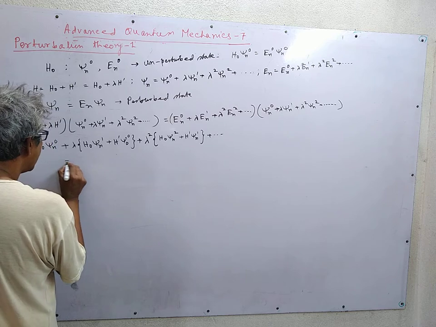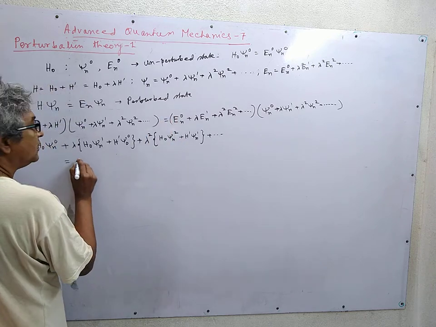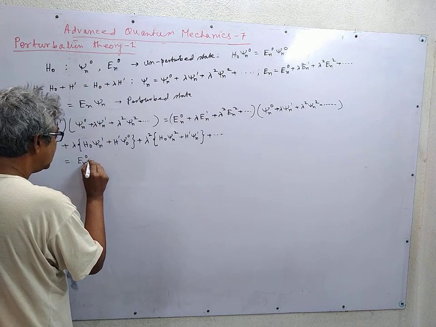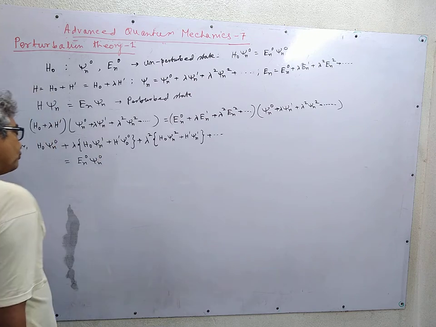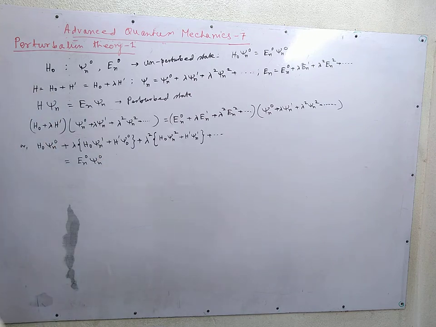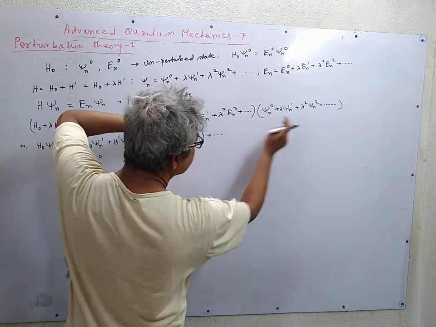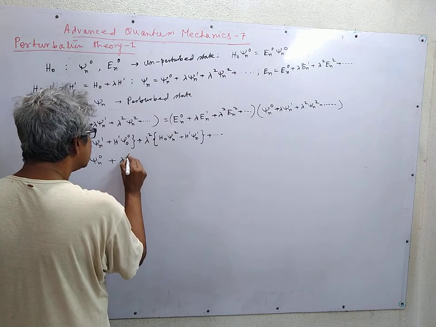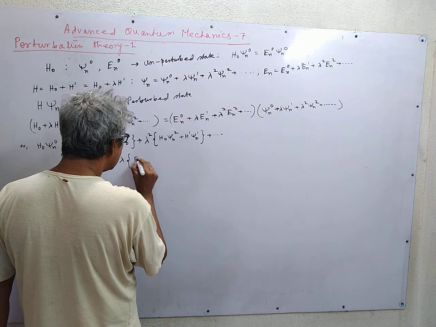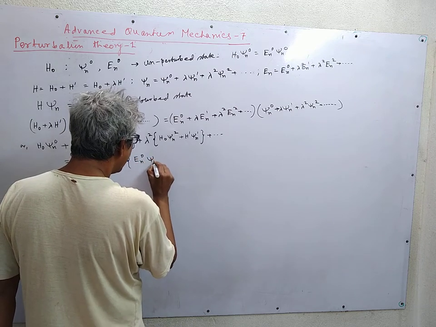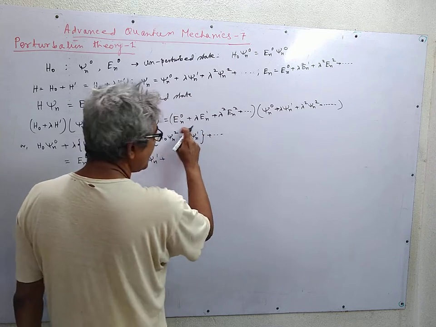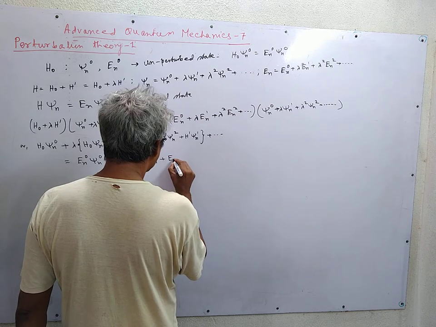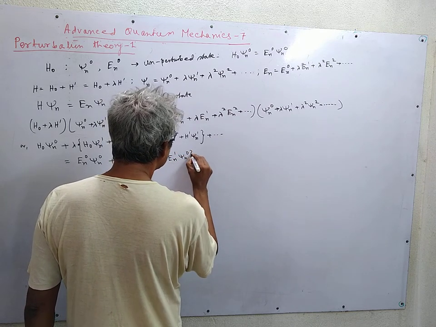And on the right hand side we have En0 psi n0 as the coefficient of lambda to the power 0. Then we get the term containing lambda: En0 psi n1 plus En1 psi n0.